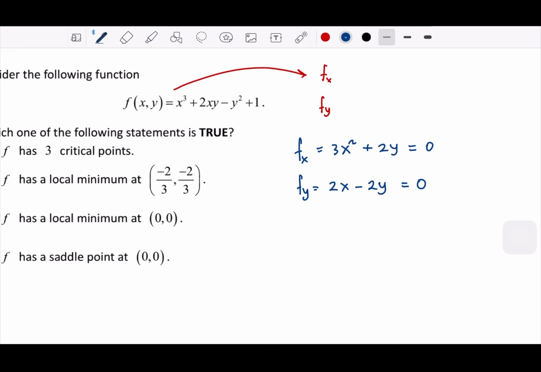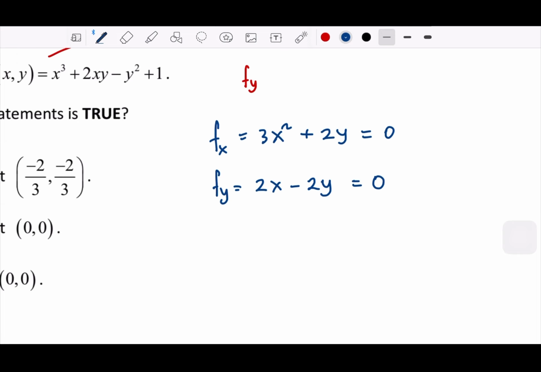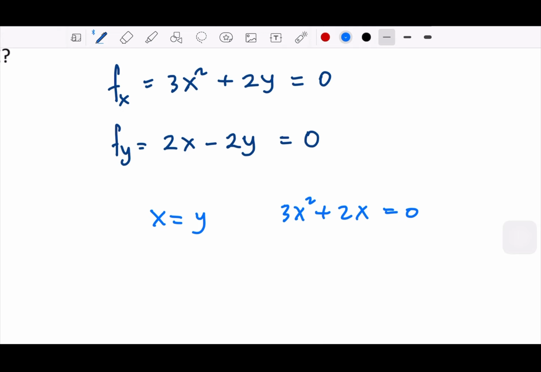Okay, now from these equations we can have some solutions. So we can solve this for x is equal y. So this is our equations that we need to solve. Then we are going to have x is 3x plus 2. So x is 0 and x is equal to negative 2 over 3.